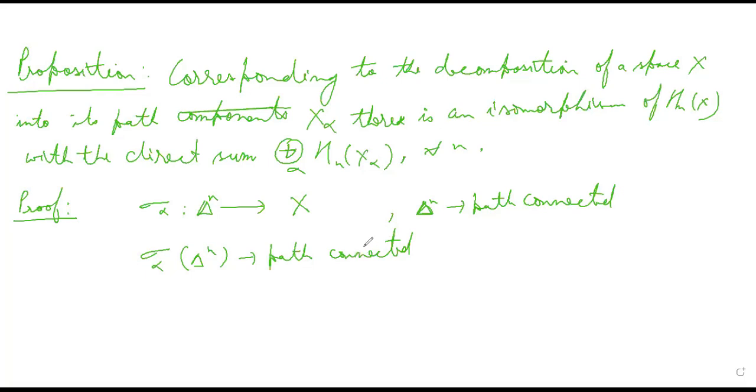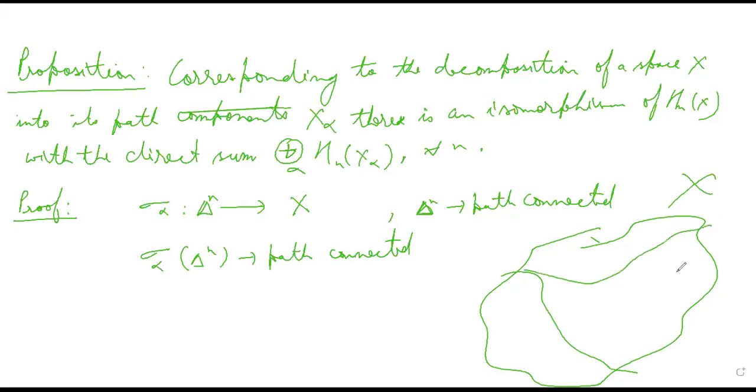Okay. So this is going to belong to a single path component, right? If this is your X, and you break it into its path components, then because this is path connected, it is going to be completely either here or here or here.